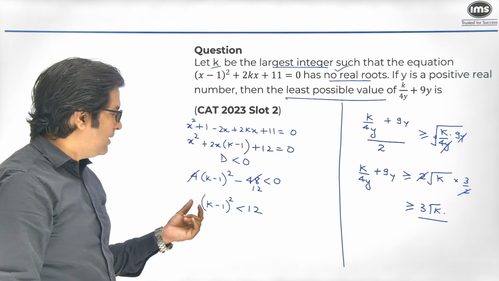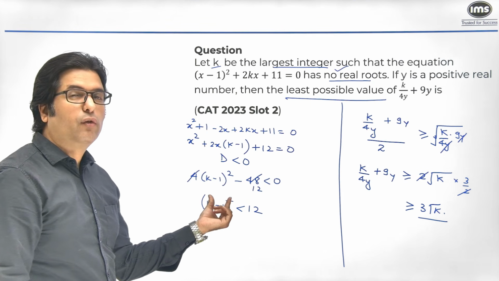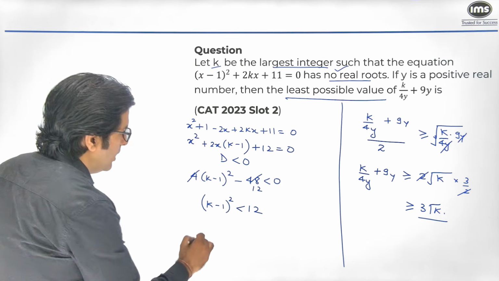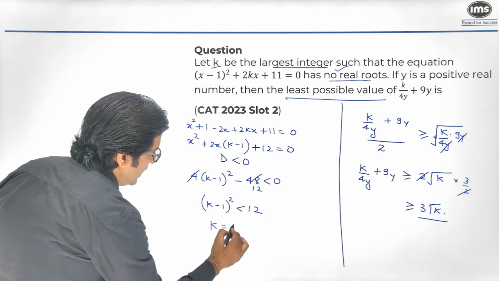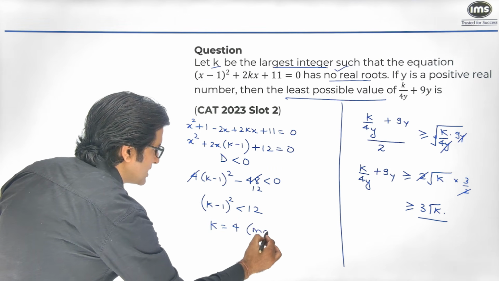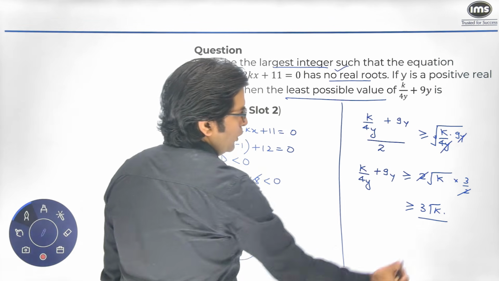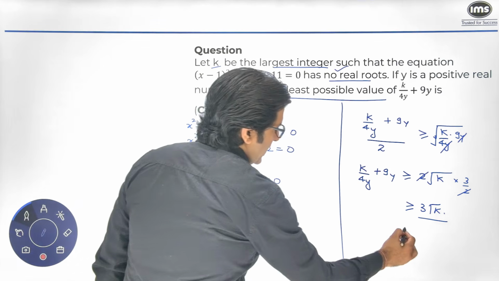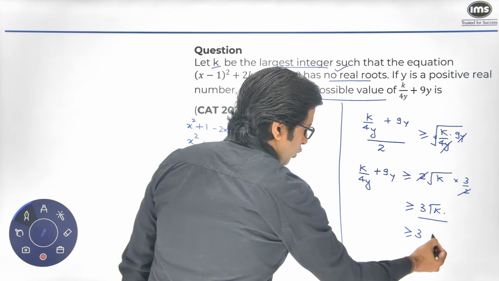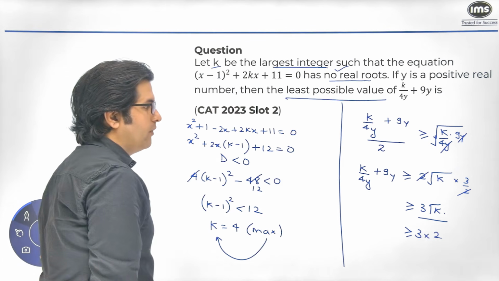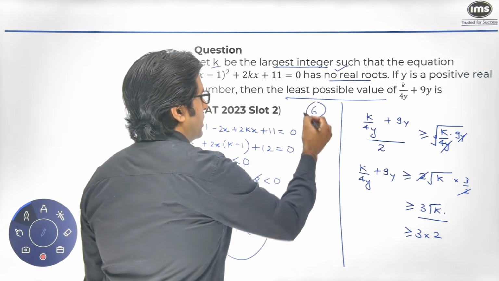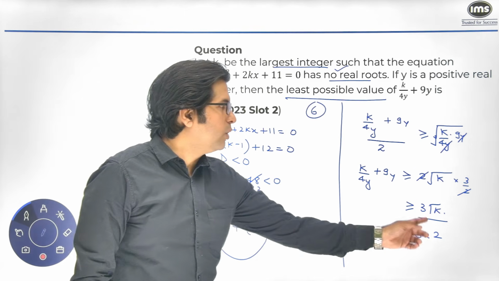But the moment we keep, let's say, k as 5, 5 minus 1, 4 square, 16 is not acceptable. Therefore, can I say k equal to 4 is the max integer value possible for k? And that's it. We just need to substitute k as 4. So we'll get our answer as greater than or equal to 3 root 4. Root 4 will be 2. So the least possible value will be 3 into 2, 6.